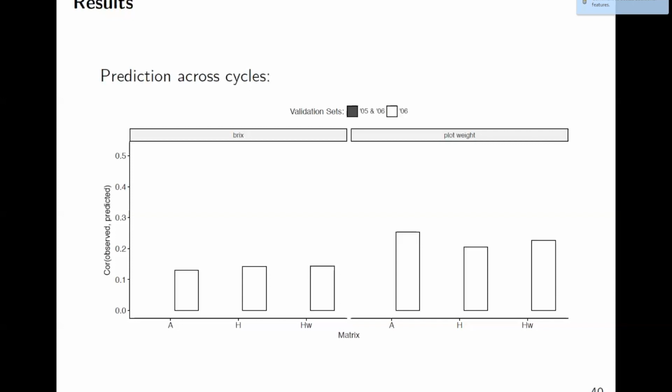And in this case, there was a higher prediction accuracy for weight, but in general, there was very little increase from using the marker information, and even a decrease when using weight.